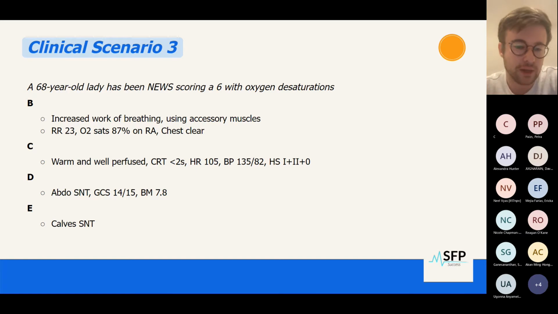In terms of these new signs, they've increased the oxygen, so the oxygen saturations are now okay, but now they're hypotensive. So one thing we'd want to do is re-perform the A to E, especially looking at C. Okay, yeah. And given the fact that the patient's hypotensive, we may need to give some resuscitation fluids.